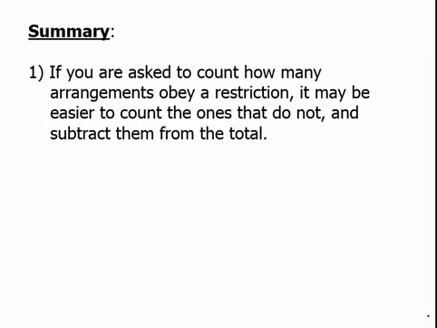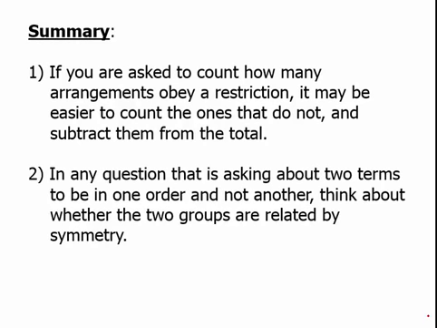In summary, if you were asked to count how many arrangements obey a restriction, it may be easier to count the ones that do not and subtract them from the total. In any question that is asking about two terms to be in one order or not another, think about whether these two groups, the ones that obey the restriction and the ones that do not obey the restriction, are related by a kind of symmetry.